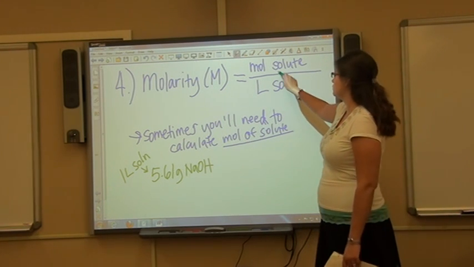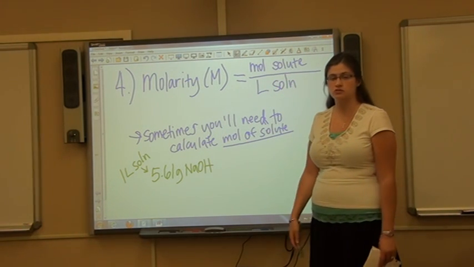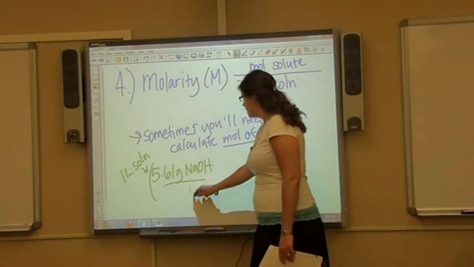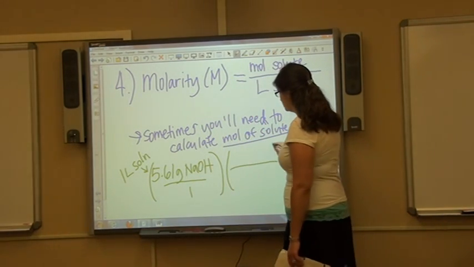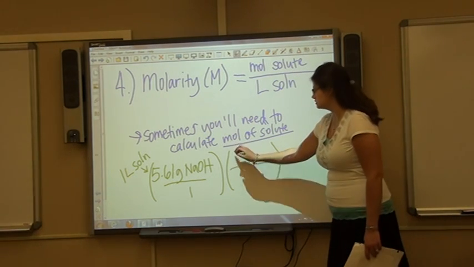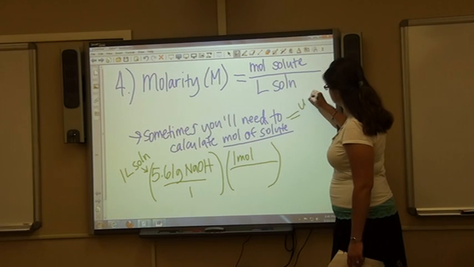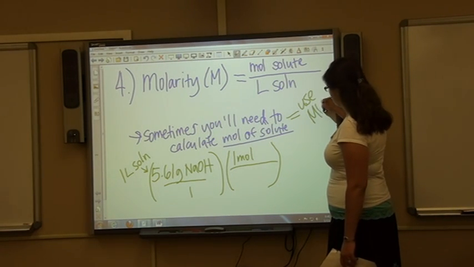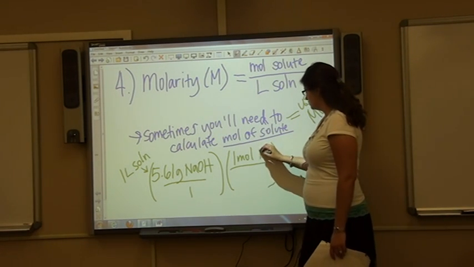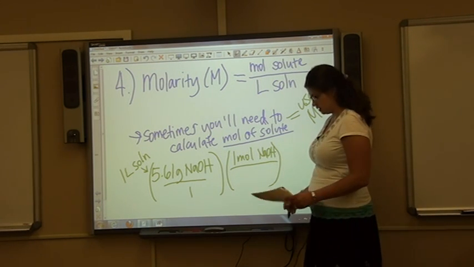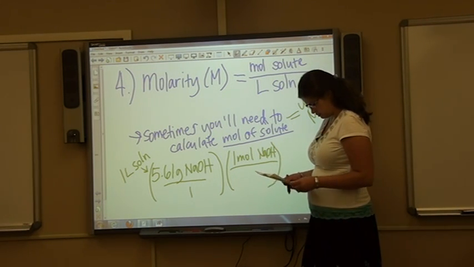Well, molarity is not grams solute divided by liters of solution, it's moles. So we need to take those grams and put that into moles. And here is where you're going to use your molecular weight. 1 mole of NaOH divided by the number of grams.